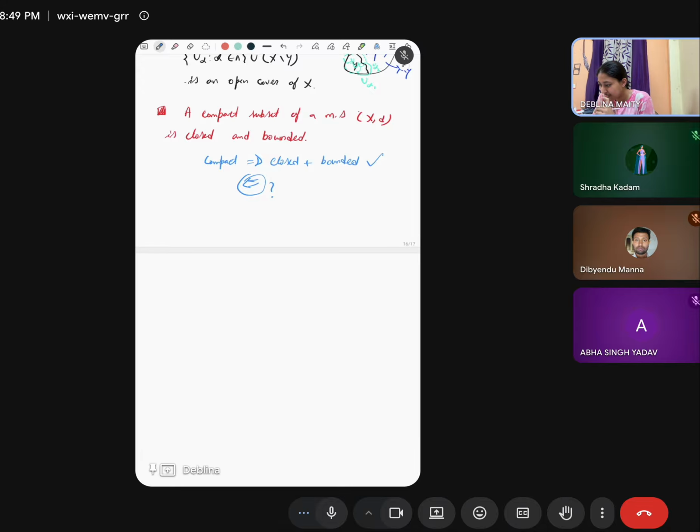So we'll take this example. Take X with the discrete metric, and X infinite.